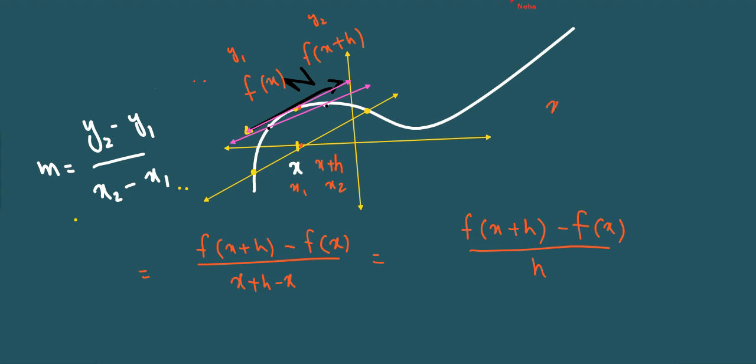They can be closer to each other if I make h approach 0. If h is approaching 0, the step size is approaching 0, which means the points x and x plus h are getting closer, closer and closer, right?